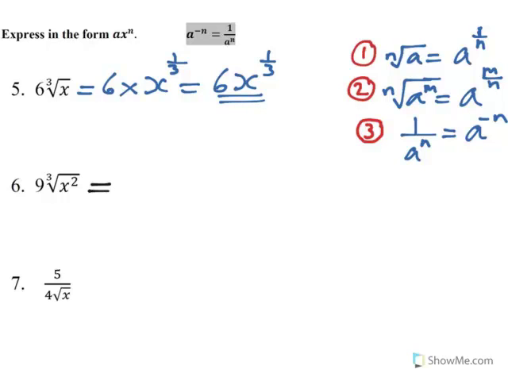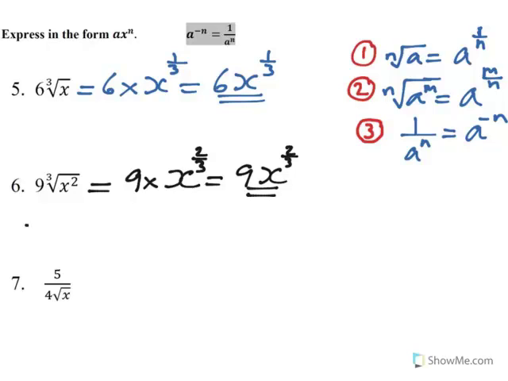This next one, I'm going to do 2 different ways. I'm going to apply rule number 2, and it's 9 times, n is 3, and m is 2. So it'll be x to the power of m over n, which is 2/3. And in its simplest form, it's 9x to the power of 2/3.